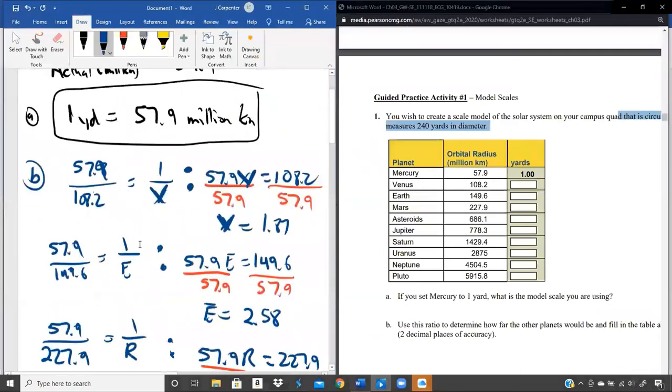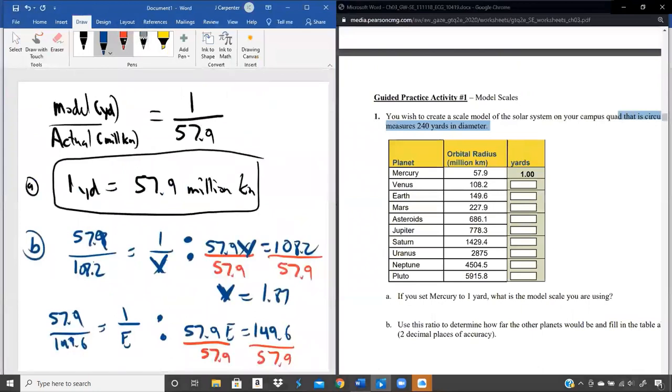Now, when I did these as proportions, I didn't have to do them that way, as I mentioned but didn't go back to. I could have, this is just the proportion equation. We could have just thrown the actual into that, and we would have gotten the same answer. So when we wanted to do Venus, we could have just replaced this with the 108.2. When I wanted to do Earth, I could have just replaced this with the 149.6.